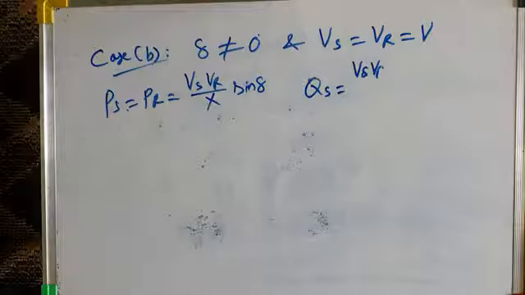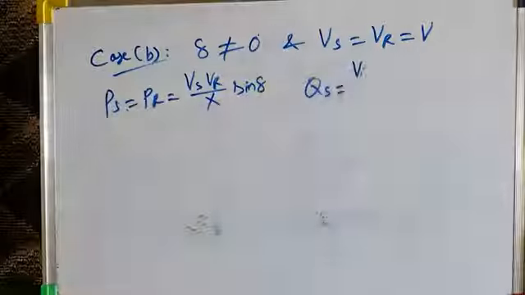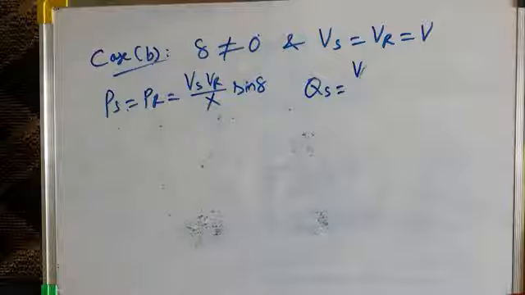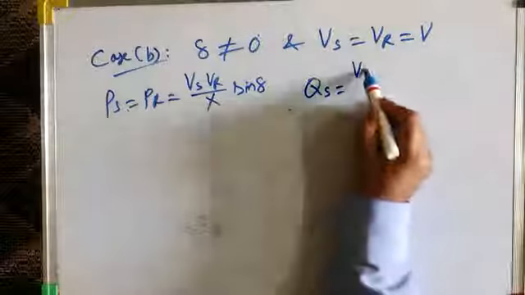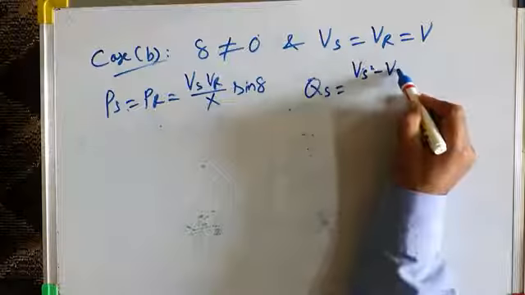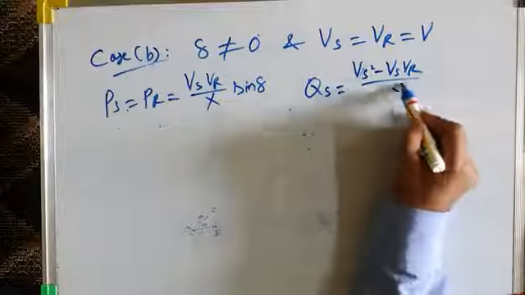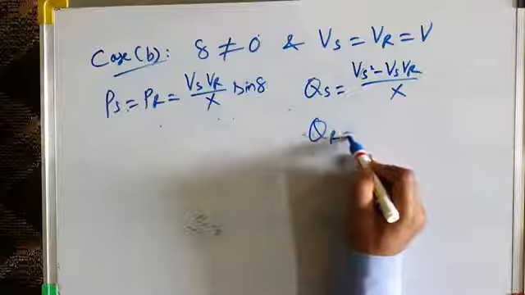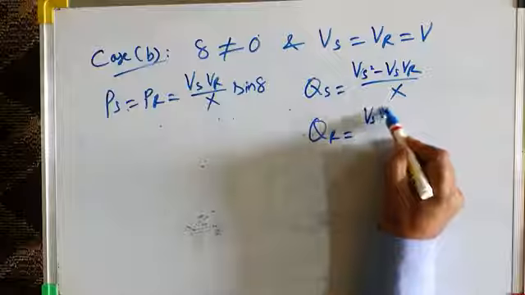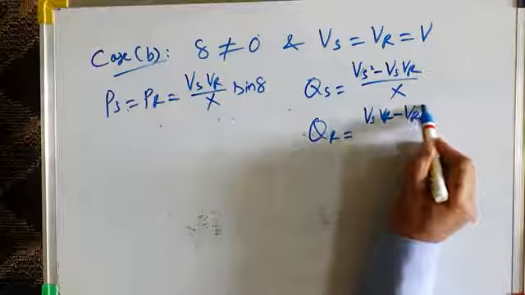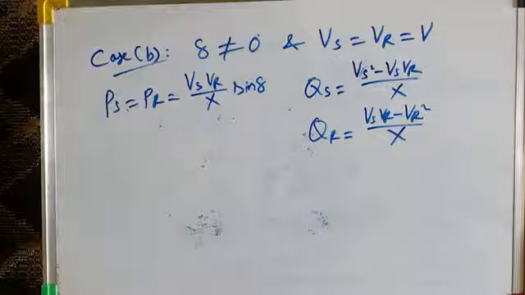Sending end reactive power is given by Vs square minus Vs Vr by X, and receiving end reactive power is given by Vs Vr minus Vr square by X, right?